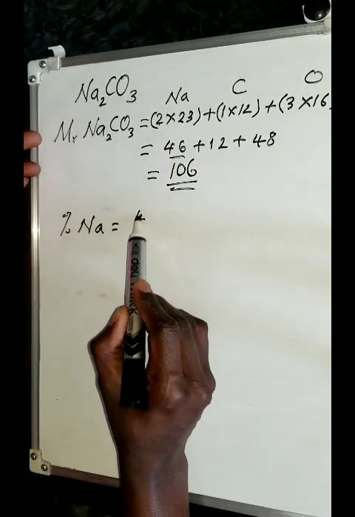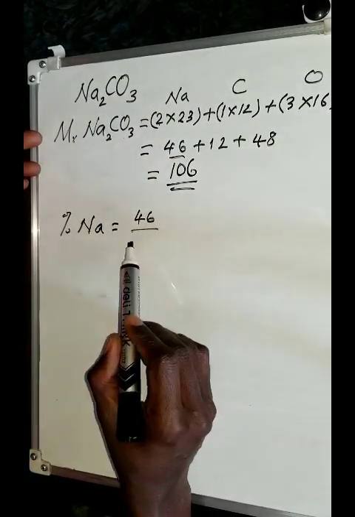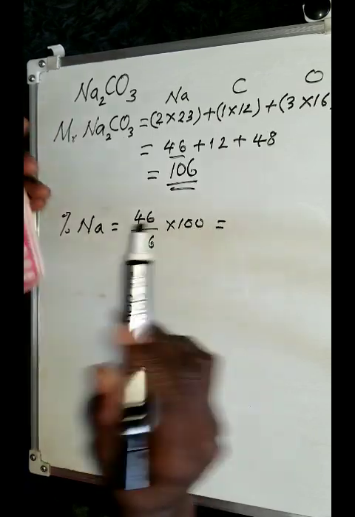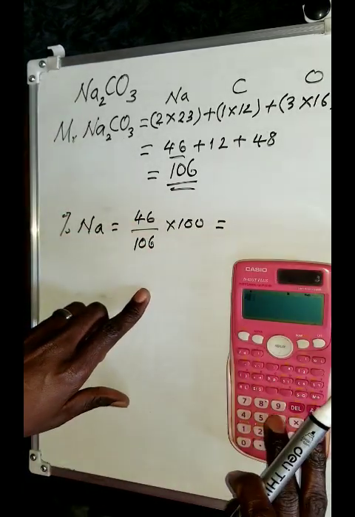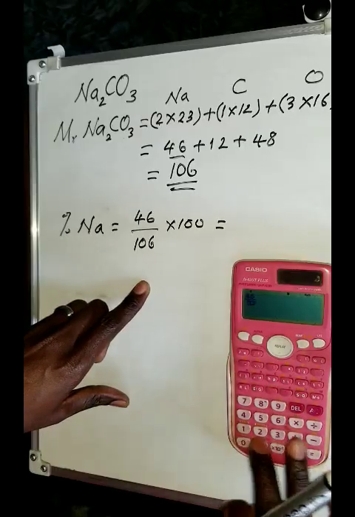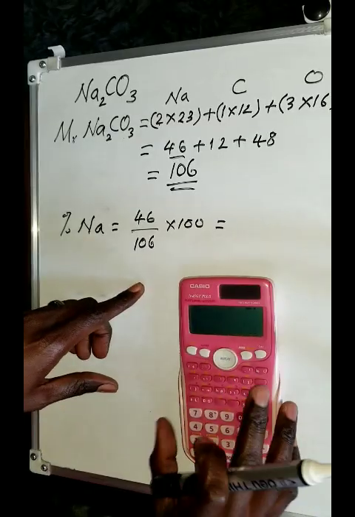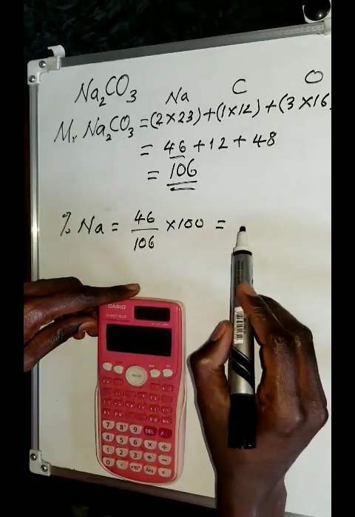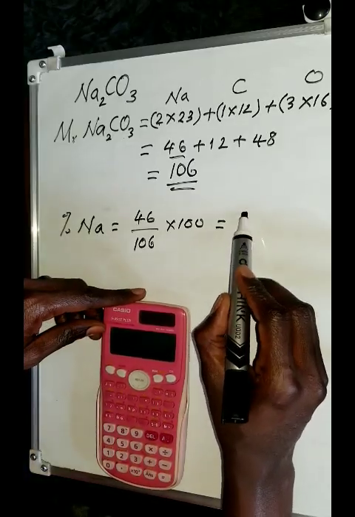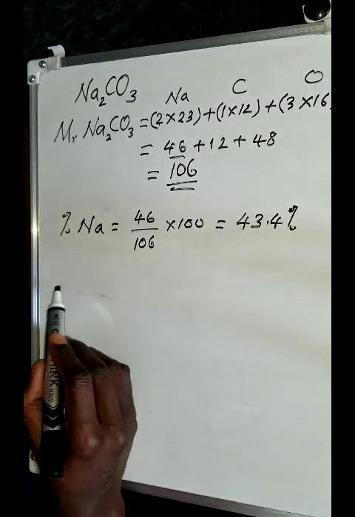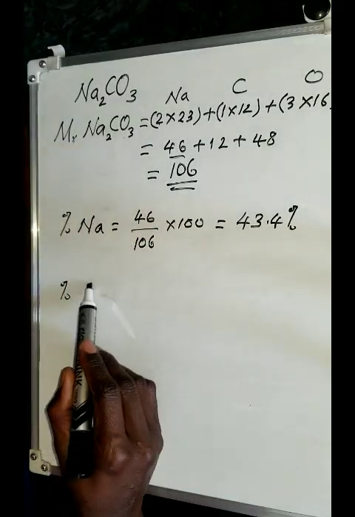It is actually 46 over the total Mr, which is 106, multiplied by 100. What will that give us? To 1 decimal place, that will be 43.4%.